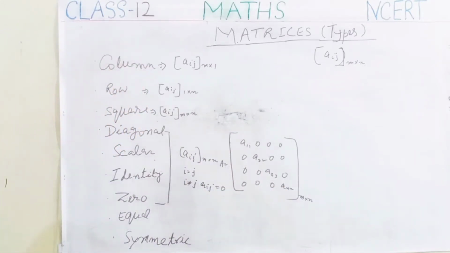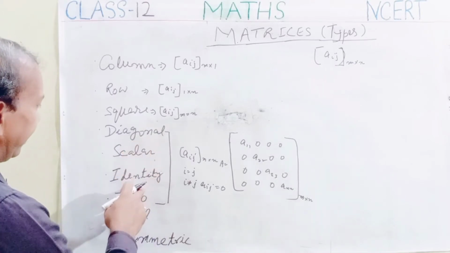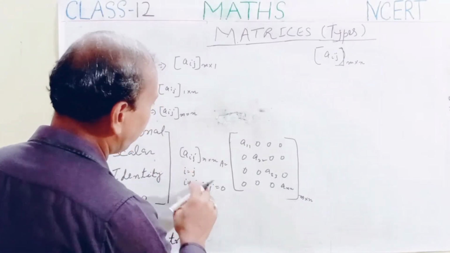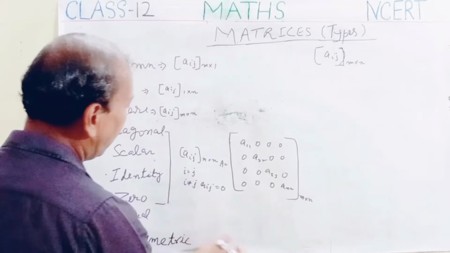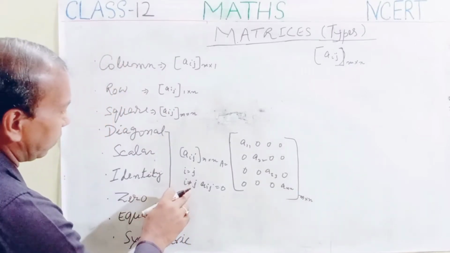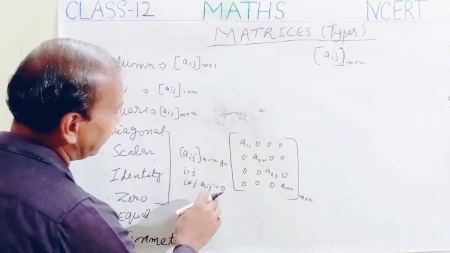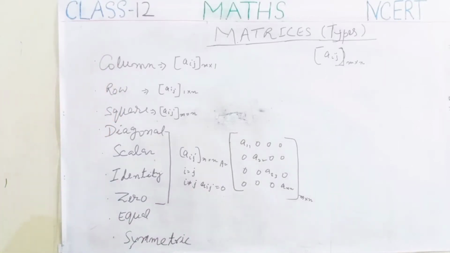Again I am repeating, in the diagonal, scalar, identity and 0. When i is equal to j, it has some value. But when i is not equal to j, that means the value at ij is equal to 0. So I can define it in this way.